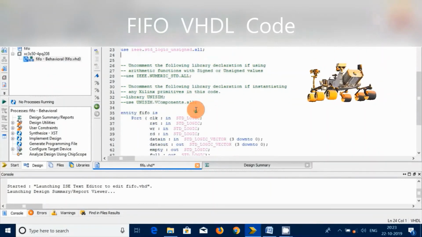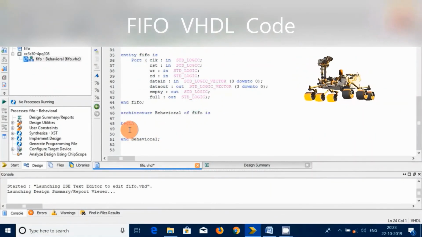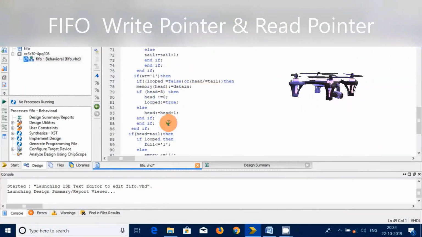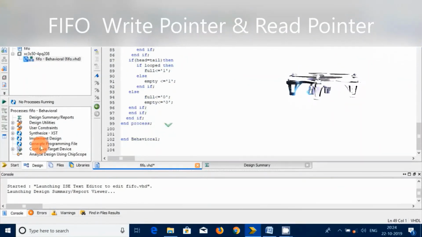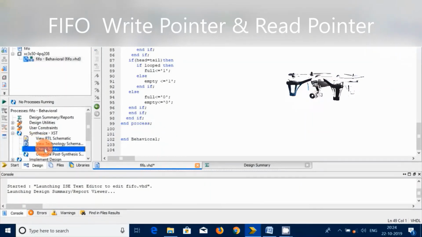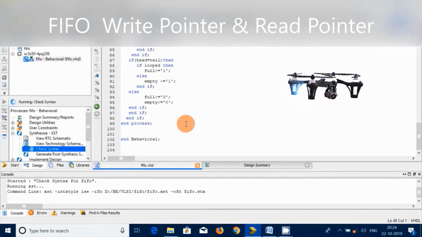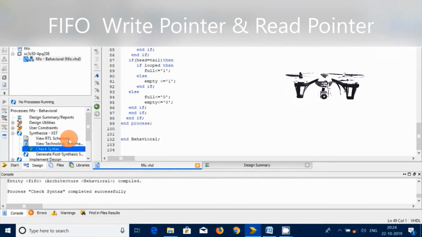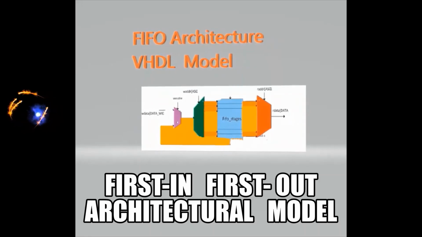To read the next byte from the FIFO, strobe the read enable signal high for 1 clock cycle, and the next byte of data will be available to read the next clock cycle. When the last byte of data is pushed onto the data out bus, the empty flag will go high.